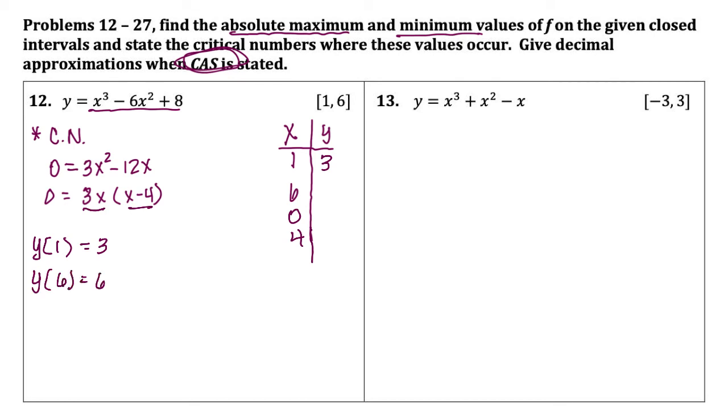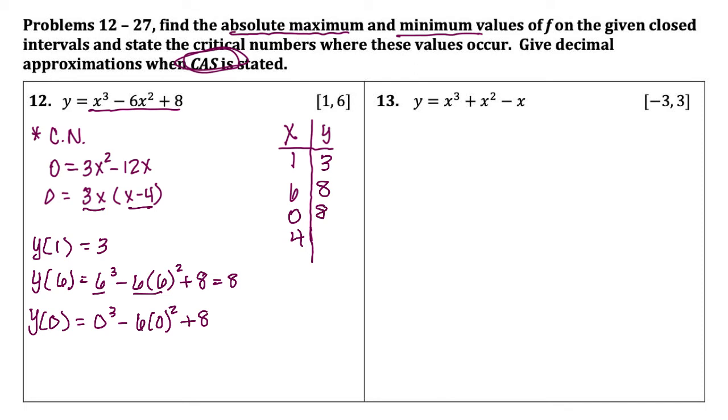So that's 6 cubed minus 6 times 6 squared plus 8. Now be smart about it. This is 6 cubed and so is that, so those are going to go to 0. So this is 8. Now we're going to do y at 0. So that's going to be 0 cubed minus 6 times 0 squared plus 8. Notice that's going to end up being 8 as well.